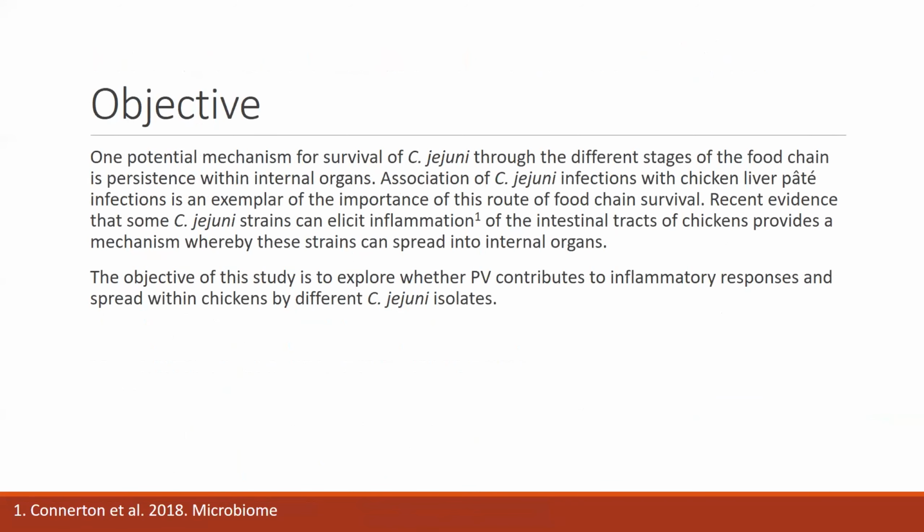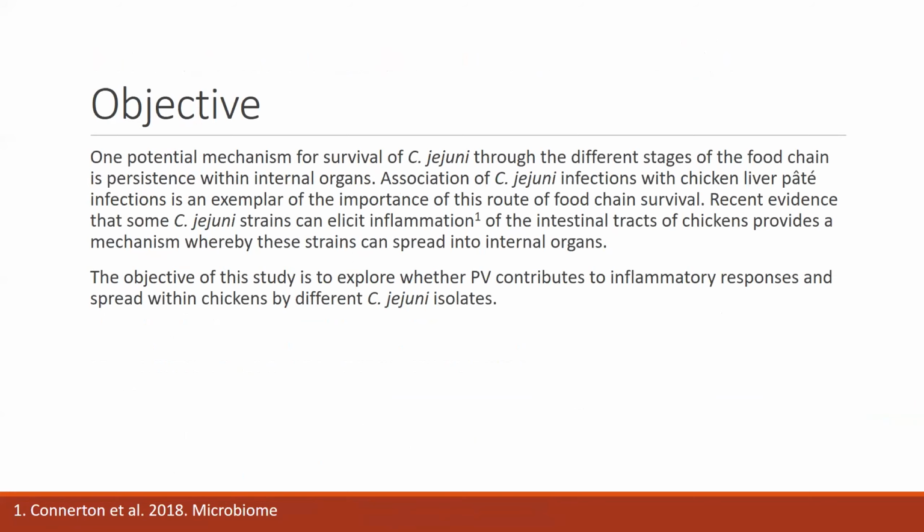So we are particularly interested in the phase variation linked to the spread of jejuni in the organs, because it may be a mechanism for the bacteria to survive the stages of the food chain and persist later and cause some infection, with chicken liver pâté for example.